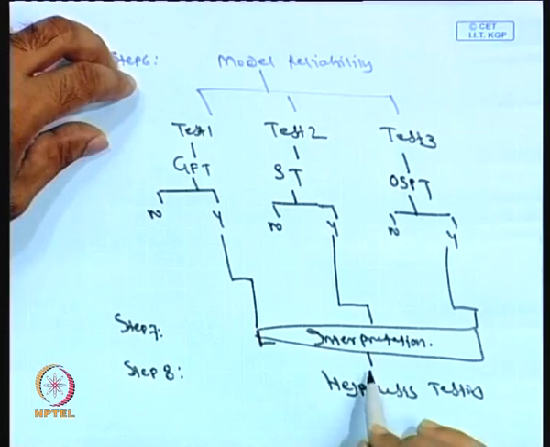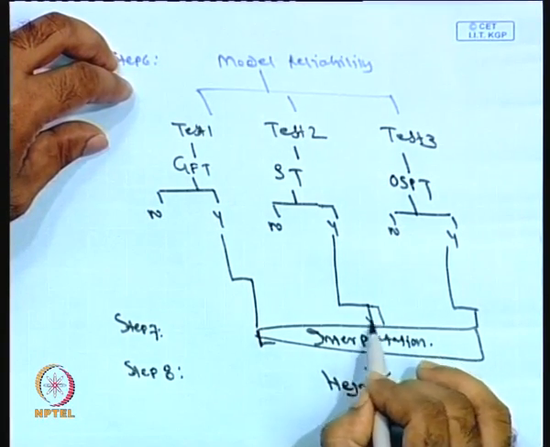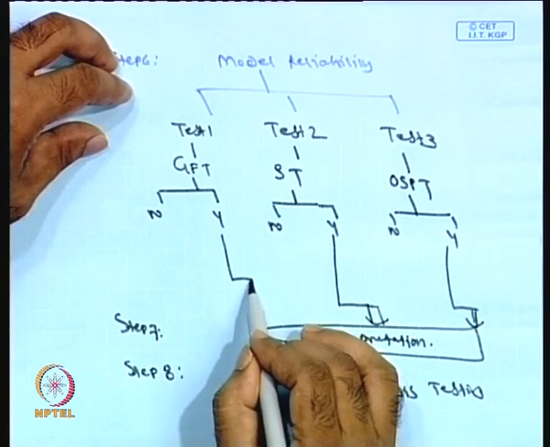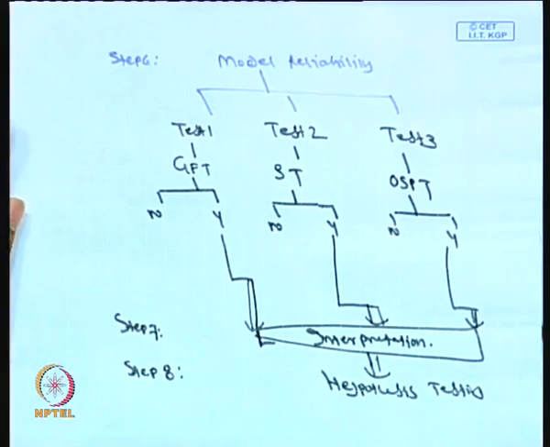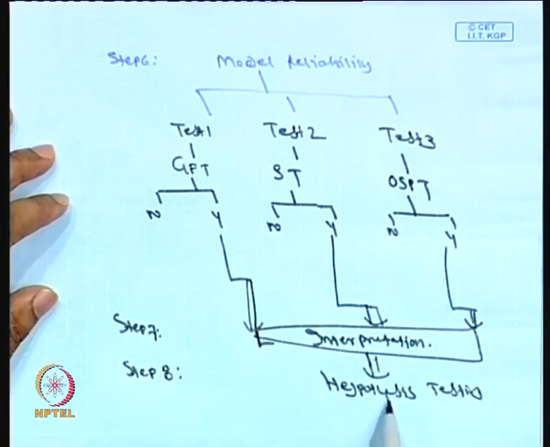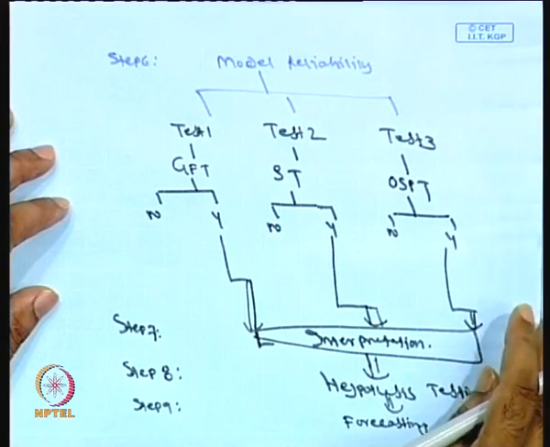Step 8 information is a hypothesis testing. So, now this is what we have to derive from, you can say, specification test. Okay. So, now so far as interpretation is concerned, we have to go for hypothesis testings, then we have to move to step 9. Step 9 is nothing but forecasting.